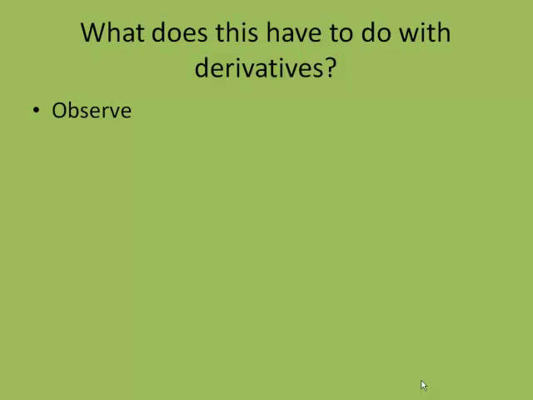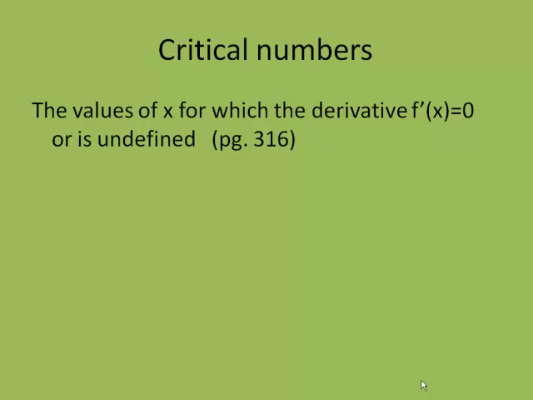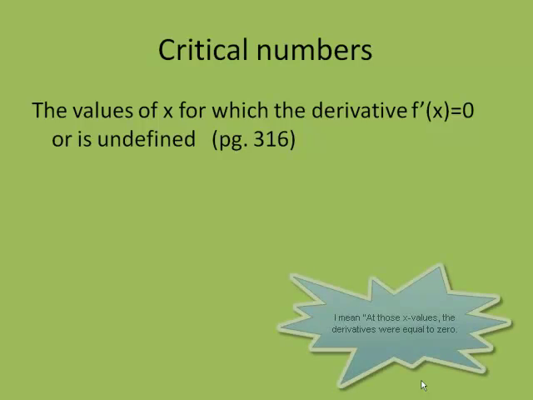Alright, so how this has to do with derivatives is what we call critical numbers, and the critical numbers are values of x for which the derivative f prime of x is equal to 0 or is undefined. So in that example where you saw that pink flat line, the slopes of those tangent lines, in other words the derivatives, at those instances were equal to 0.